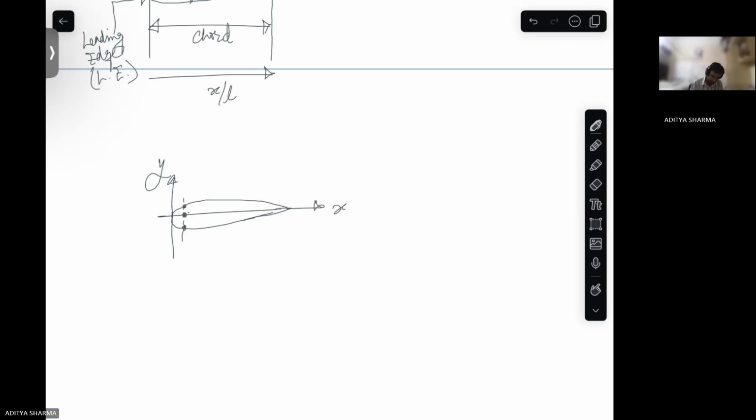So the mid of the upper one and lower one, the width of this. Then let's say we move to this point x2. Let's say this is x1 to x2. Then we have this line at x2, then upper one and lower one.